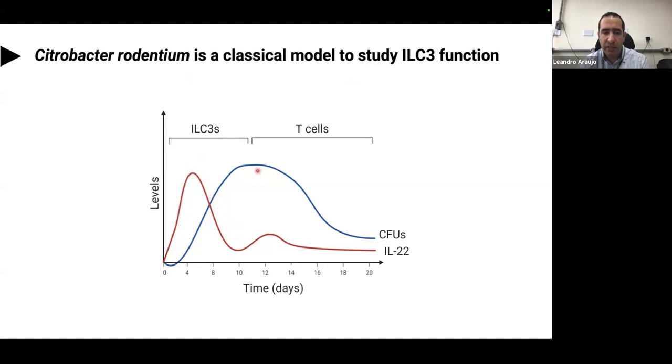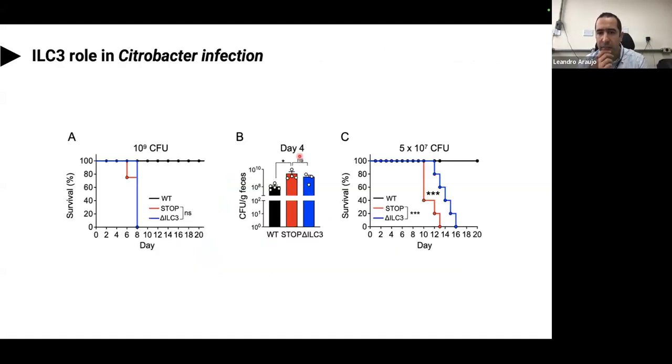But over the infection, the levels of the pathogen grow, and the T cells take over and usually produce IL-22 and clear the infection after two or usually three weeks. So we want to understand the ILC3 role in these conditions.